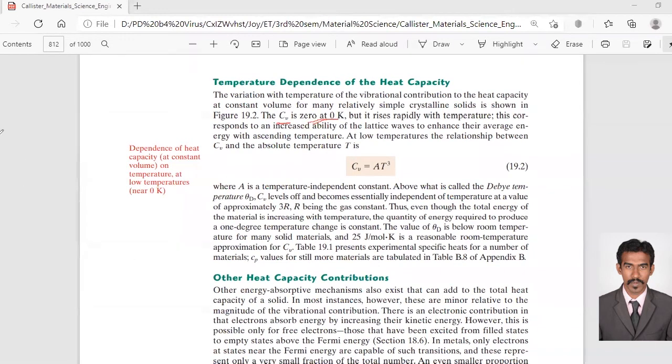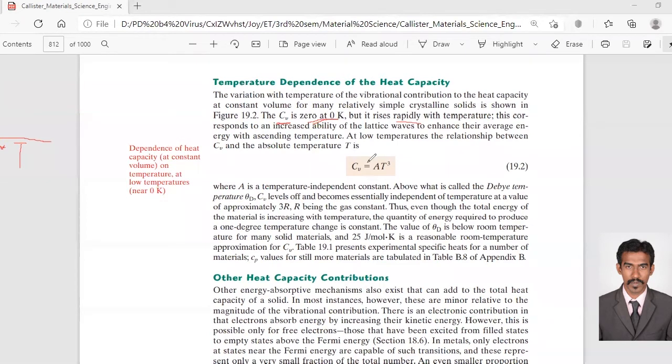If you take a graph with temperature on the x-axis and Cv on the y-axis, the starting point would be here. That's fine. But it rises rapidly with temperature. This corresponds to an increased ability of the lattice waves to enhance their average energy with ascending temperature.